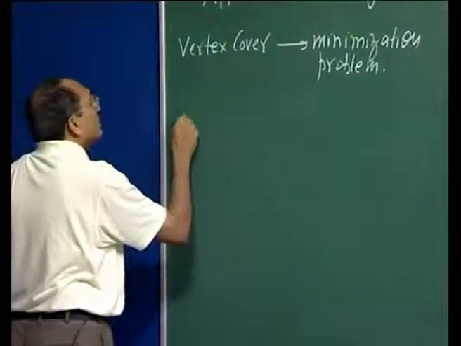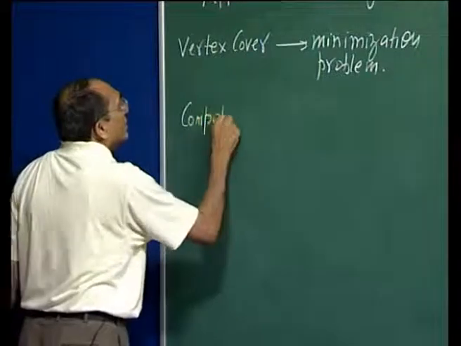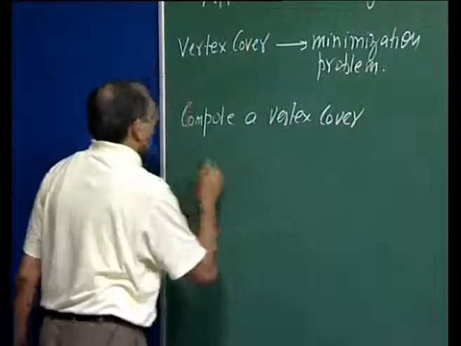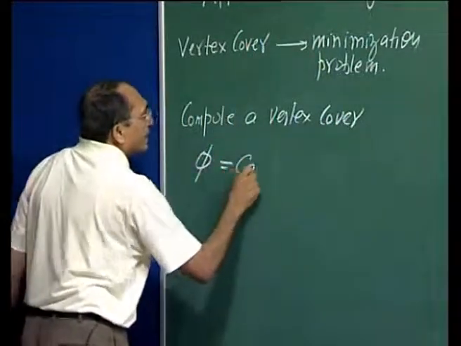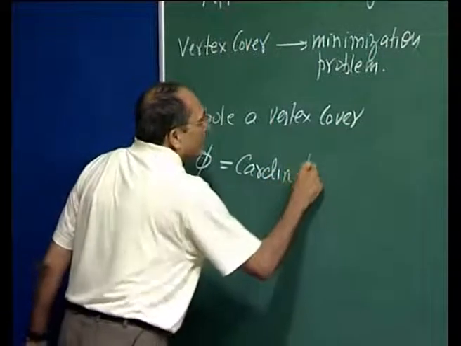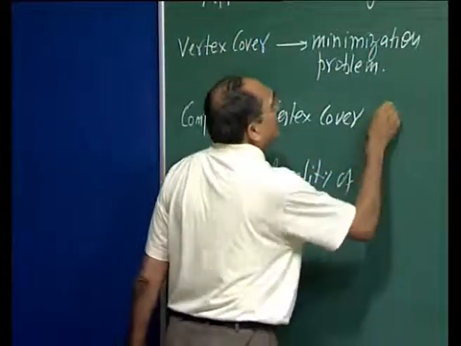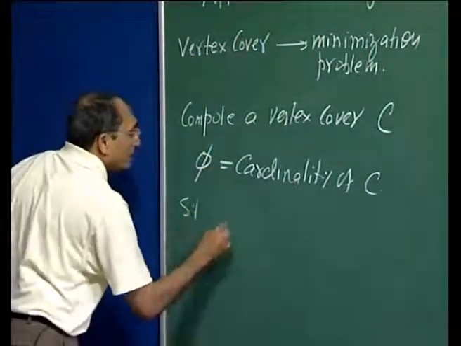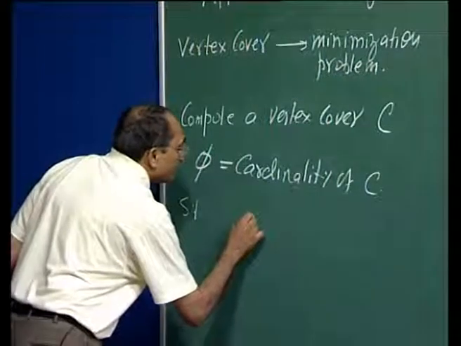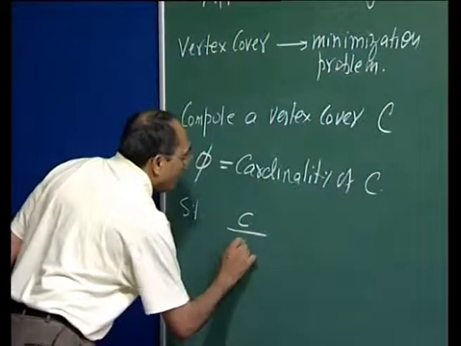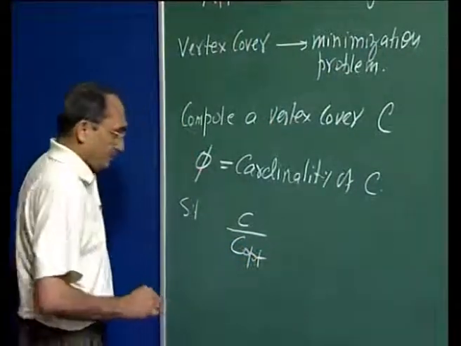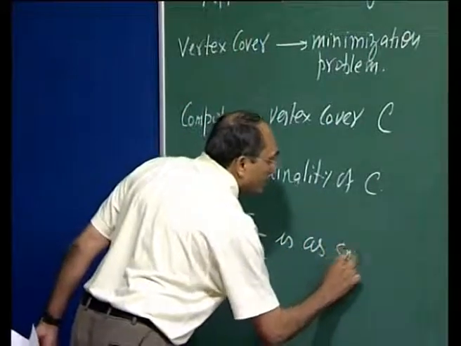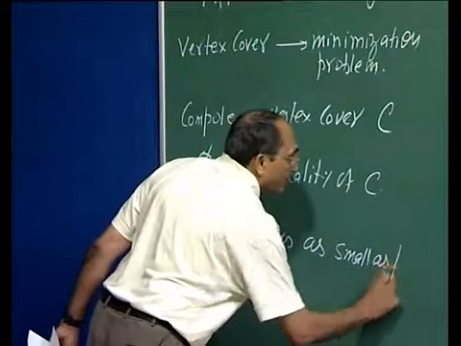Our goal is to compute a vertex cover. Our objective function is the cardinality of a vertex cover C, such that C divided by C opt is as small as possible.